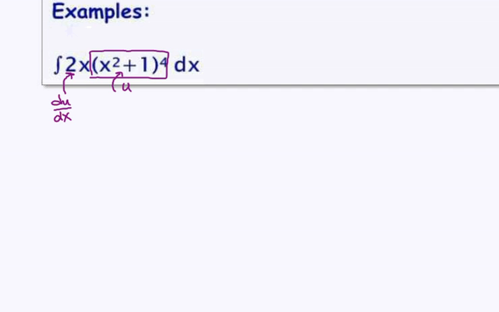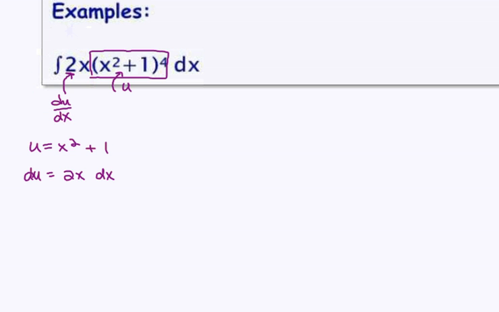Off to the side here, I'm going to write down that u is equal to x squared plus 1, and du is going to be equal to 2x times dx. If you're not sure where that came from, we had that du dx was equal to 2x, so du is equal to 2x times dx.